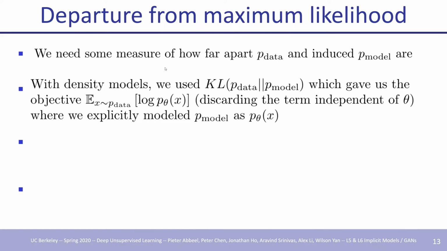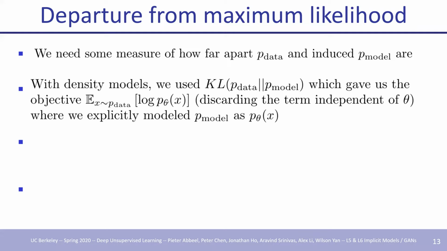So with density models, we could use KL divergence. And oh, there's P model. Okay, it is being used. With density models, we can just use the KL divergence between the real and the model. And then we have the loss function here.